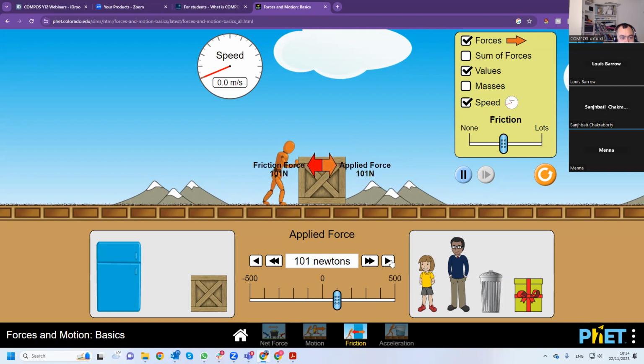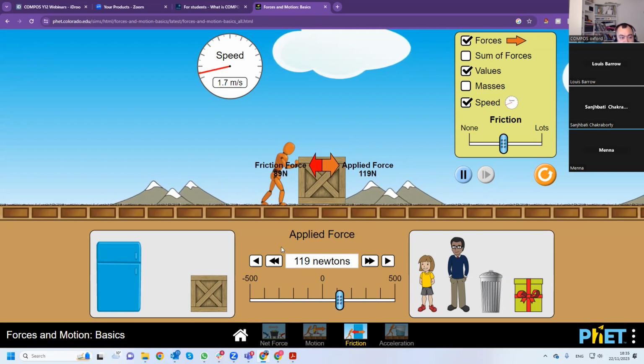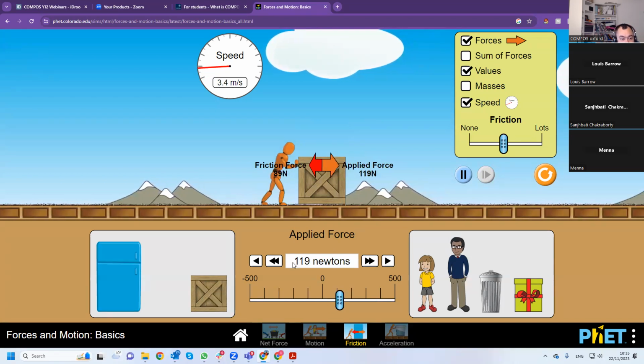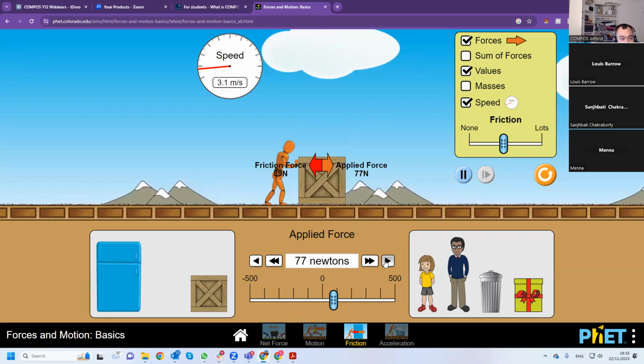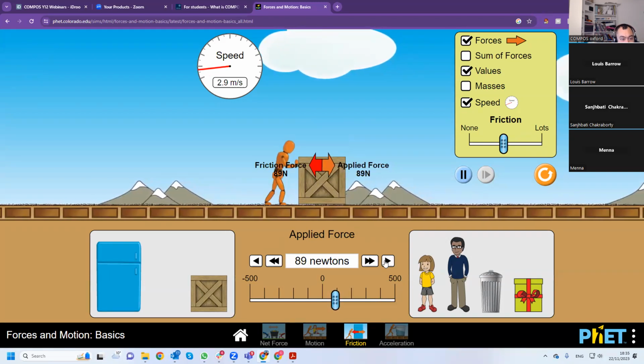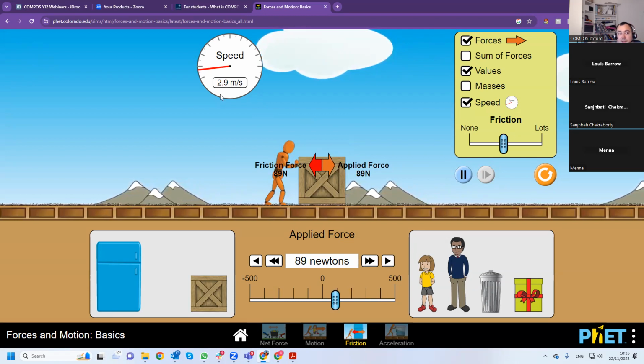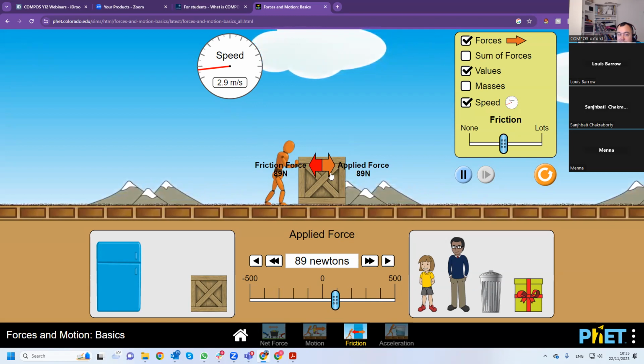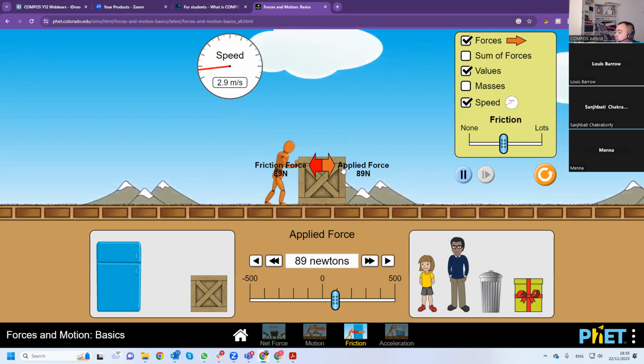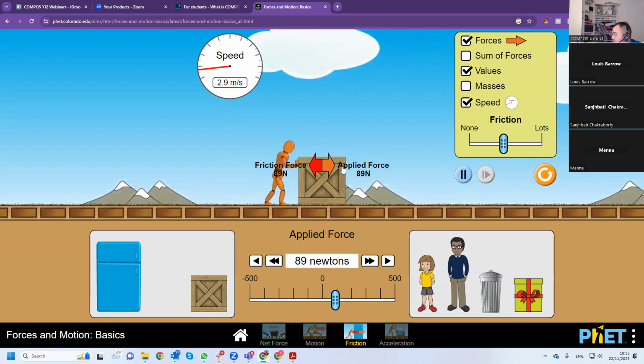So you keep increasing the force. So 119, it starts to move and it starts accelerating. Look, accelerating. All I need to do now is to reduce the force to 89, and it will keep moving at constant speed.